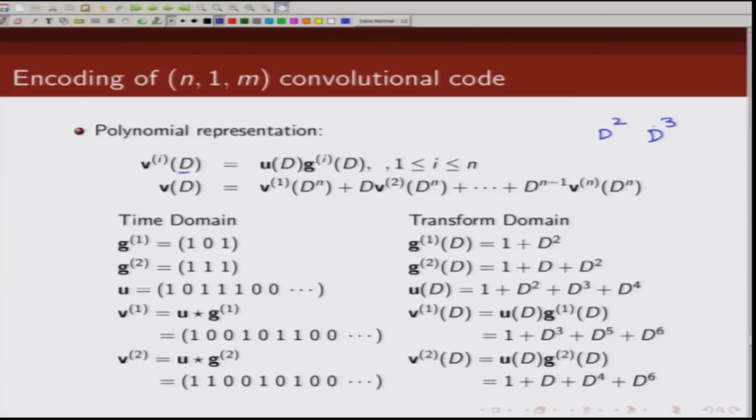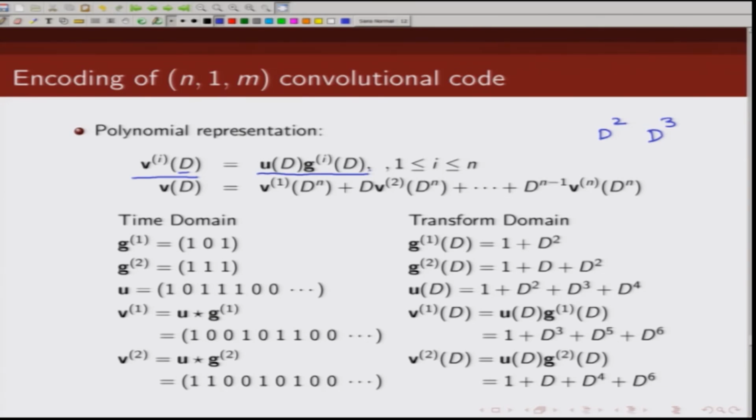Okay. What I am going to show you is that I can write my output sequence in this polynomial notation as U(D) times G_i(D). So every output code sequence can be represented as the product of this information sequence using this delay operator multiplied by this generator sequence in this delay operator framework.